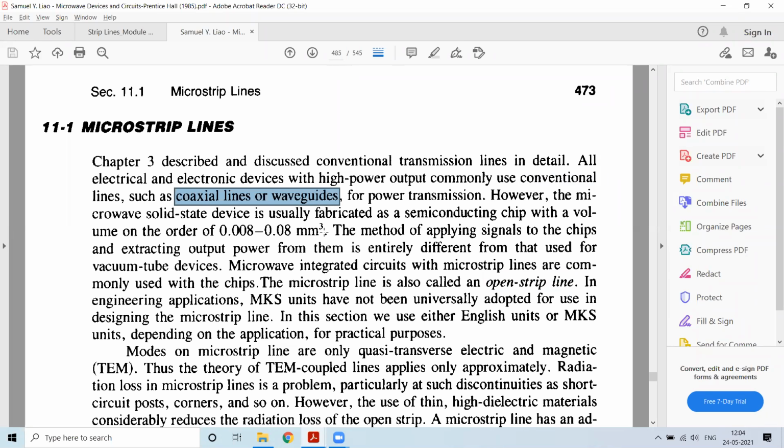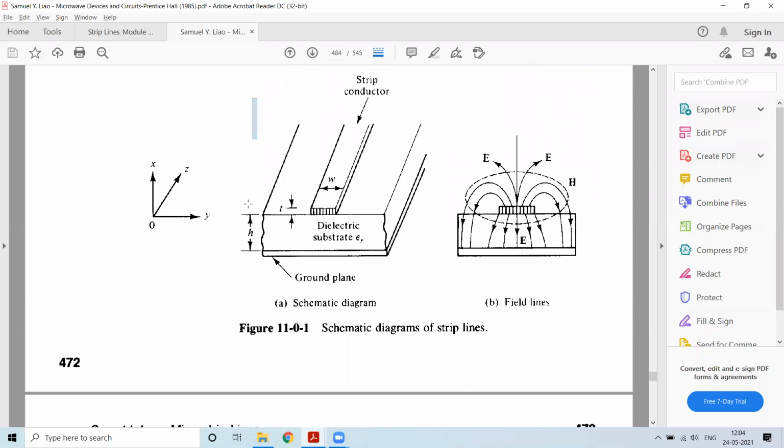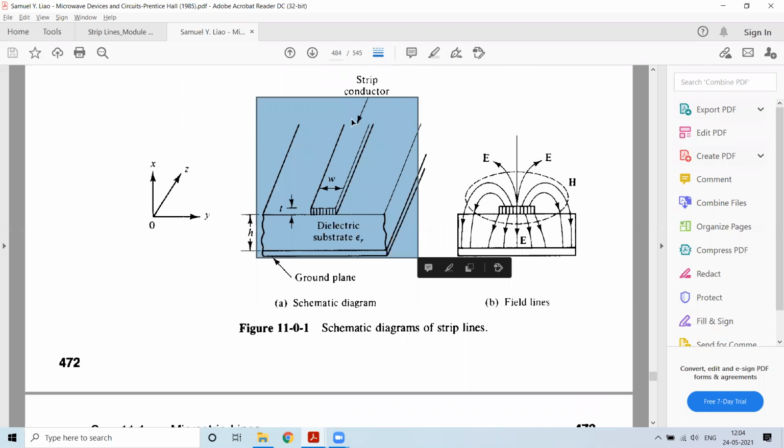But when we consider microwave devices built on solid state analysis, that is, solid state devices, these transmission lines can be converted into these forms. I can implement the same concepts using solid state devices.